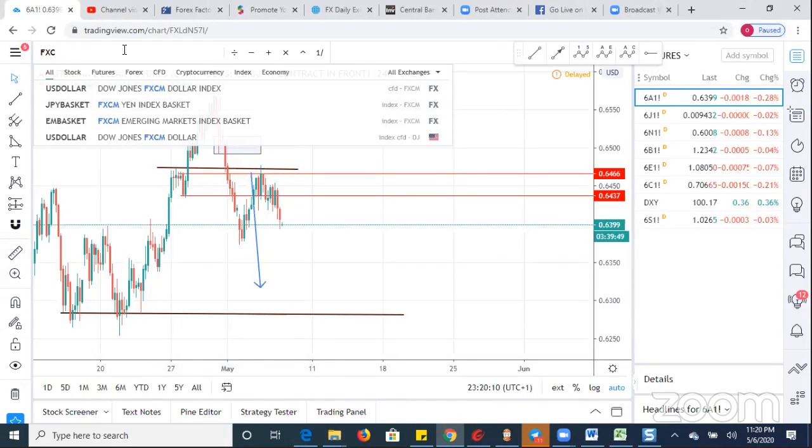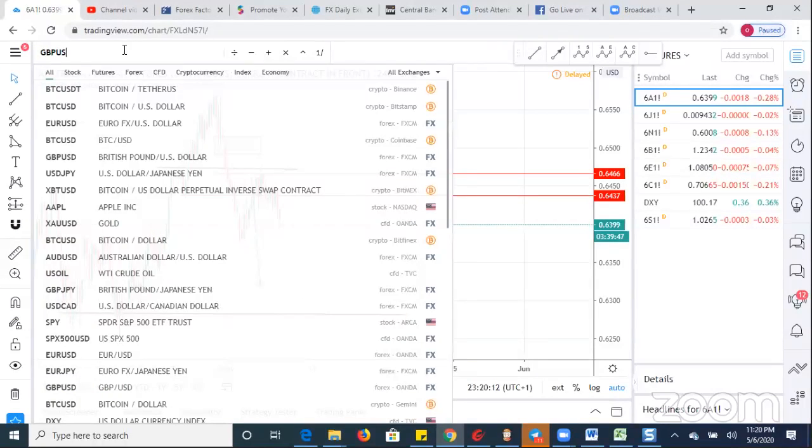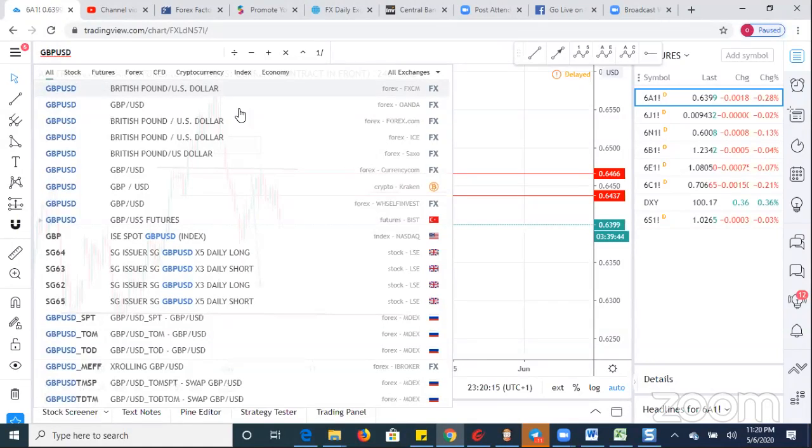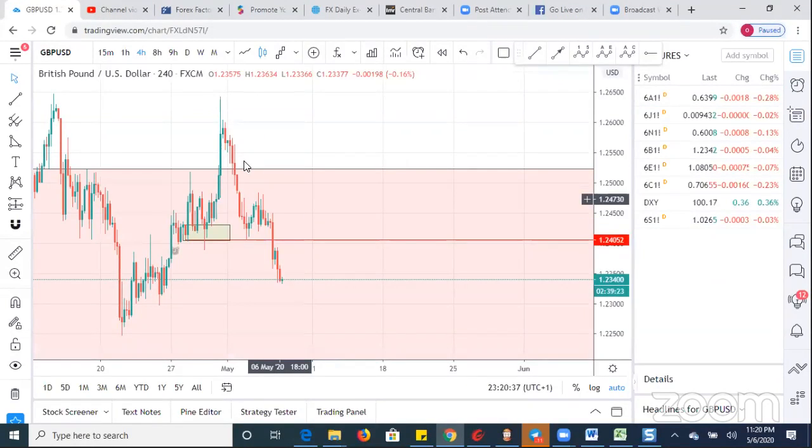No, sorry, let's go to, let's say, GBP USD. I'll use FXCM. Oanda is a grade A broker, but they don't show gaps, and I want to see what gaps are doing. They don't show the gaps, and I really want to see gaps, so I use FXCM. If you use TradingView for your markups, they will most likely give you good candle printouts.